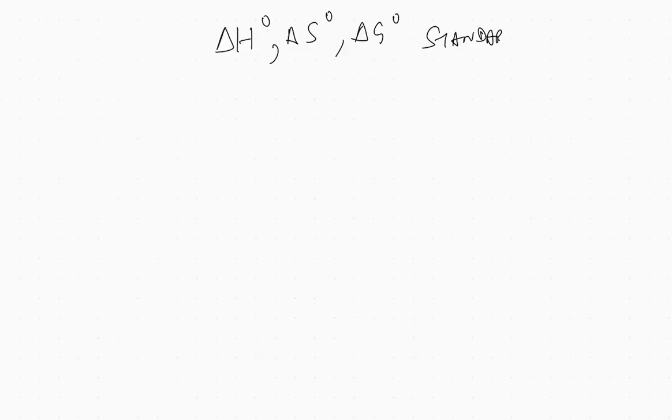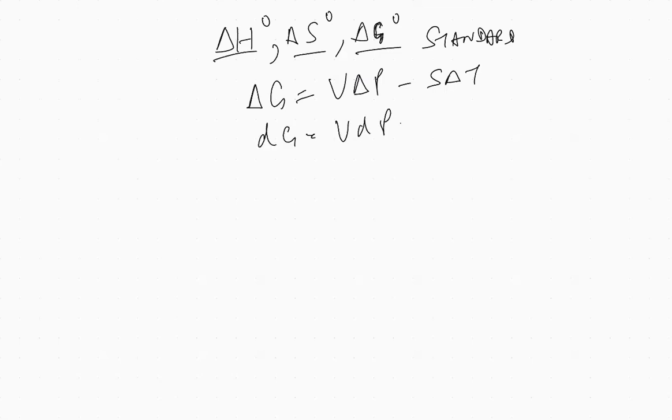In my Maxwell equations, I gave you something like this before: delta G equals V delta P minus S delta T. The smaller infinitesimal changes would have been dG equals V dP. At constant temperature, the second term becomes 0, so we can write delta G equals V delta P.